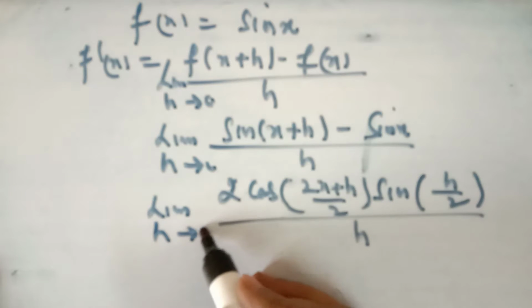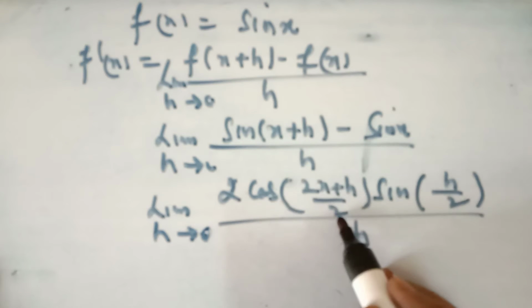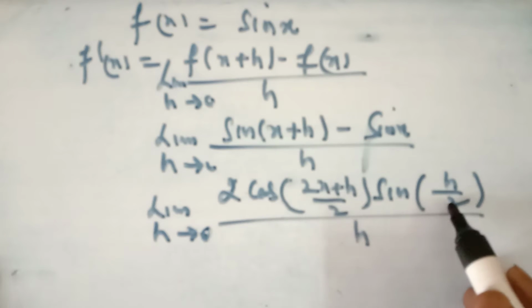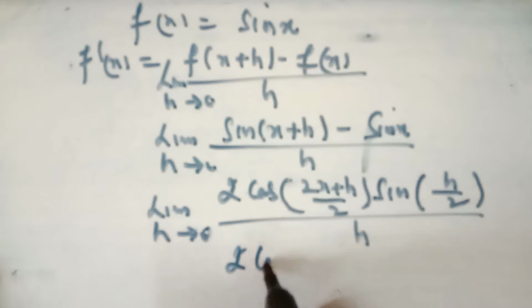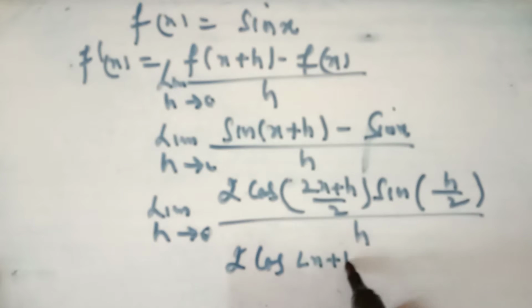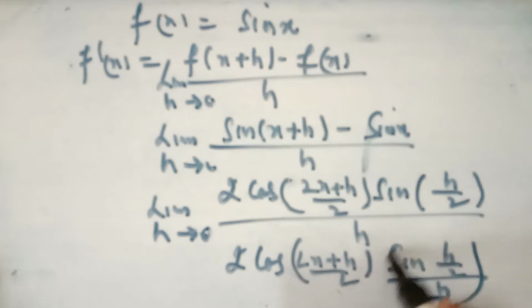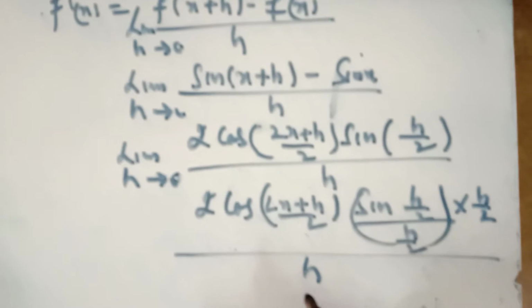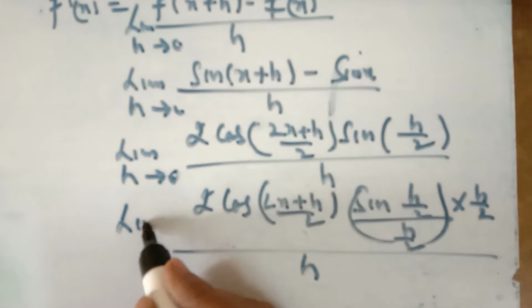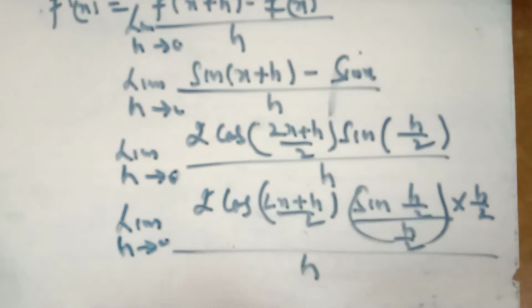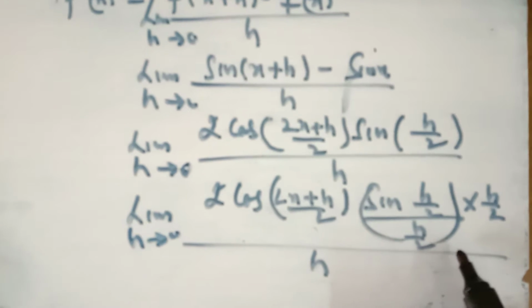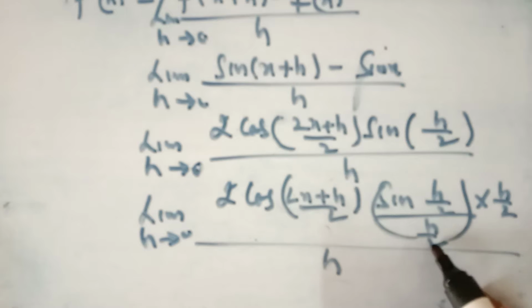Now if we put h equal to 0, cos x remains, and to make the other part equal to 1, you use the limit. You can make it equal to 1 by dividing and multiplying by h/2, so that it becomes sin(h/2)/(h/2), limit h goes to 0. Since the limit of sin θ upon θ is equal to 1, you can cancel this h with this h.